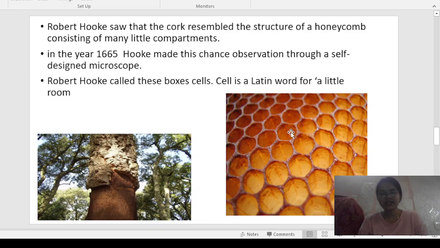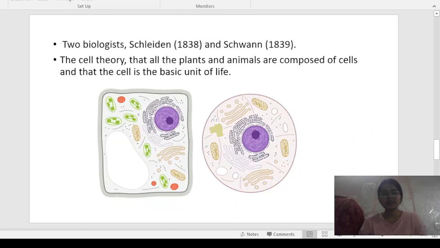Why did he name them cells? Because in Latin the word cell means a little room. So this was given by Robert Hooke. Then there were two other biologists, Schleiden and Schwann. They gave their own cell theory. They said that plants and animals are all composed of cells. So the cell is the basic unit of life. There cannot be anything smaller than a cell.